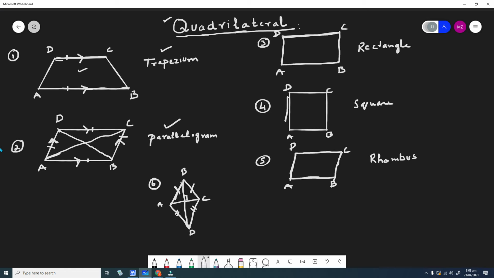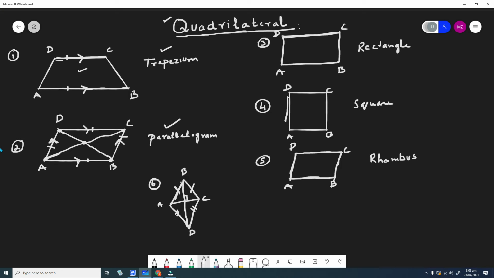These two diagonals, DB and AC, bisect each other at this point, which is the central point of both diagonals. If the figure is a parallelogram, the diagonals will not be equal, but they bisect each other.